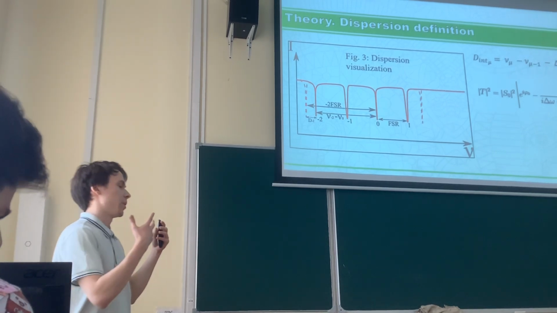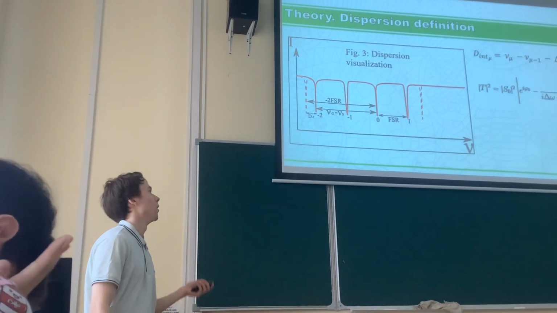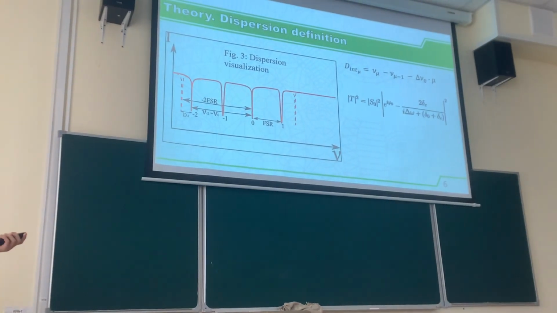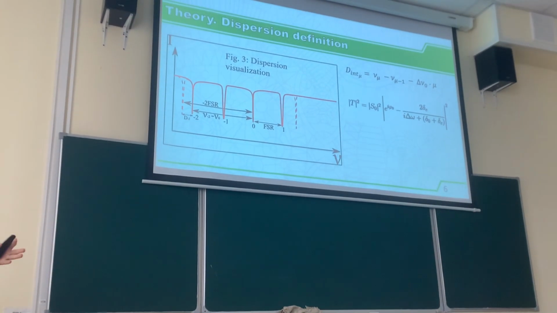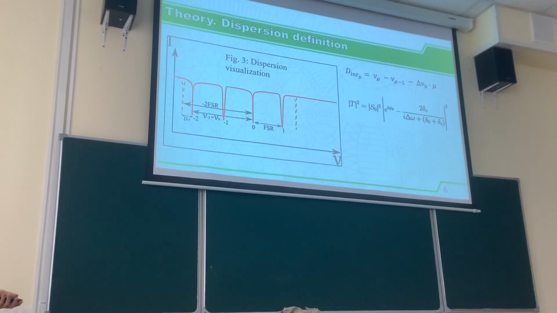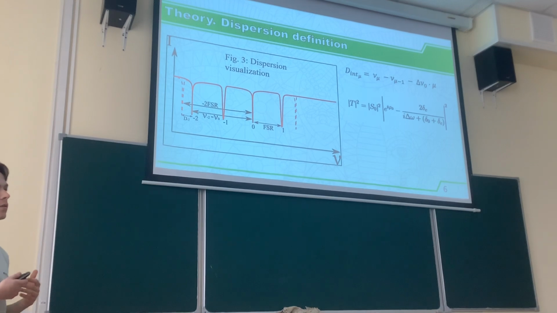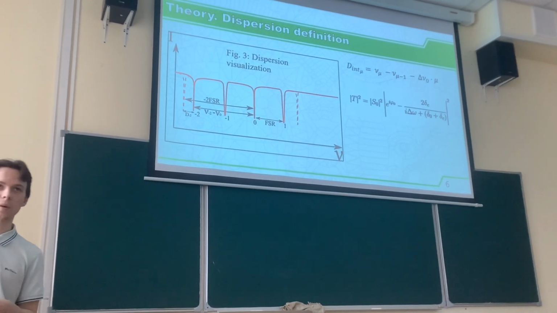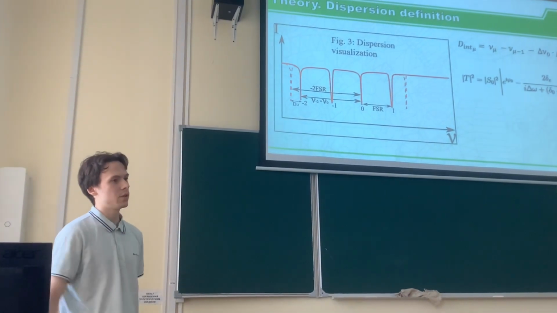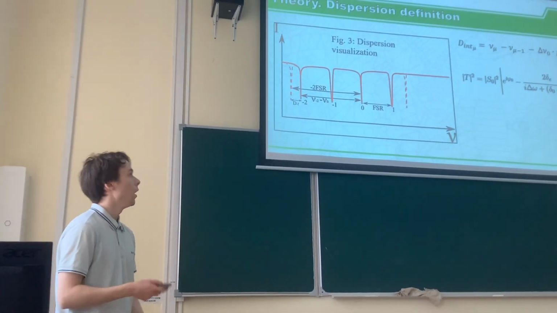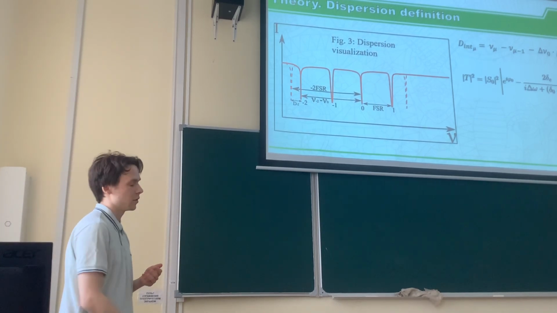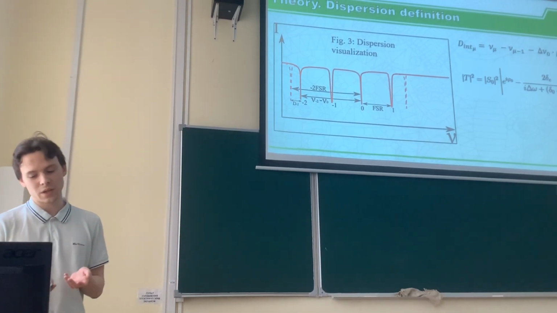So after the experimental setup was prepared, what did we do? We calculated the dispersion. As all of you know, dispersion is the property of a medium, and it describes how light propagates through the medium, its velocity or direction. In our case, we redefined the definition of dispersion a little bit, but the main point is the same.